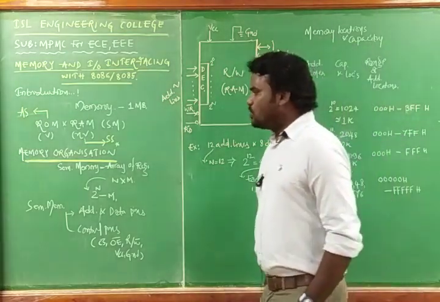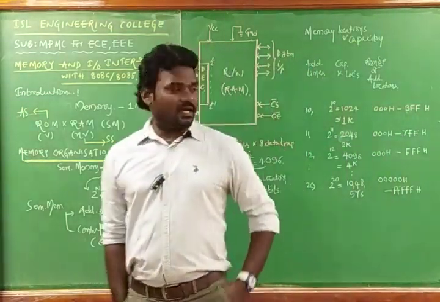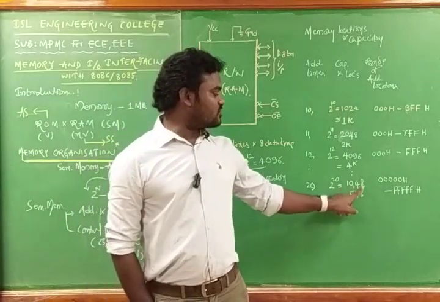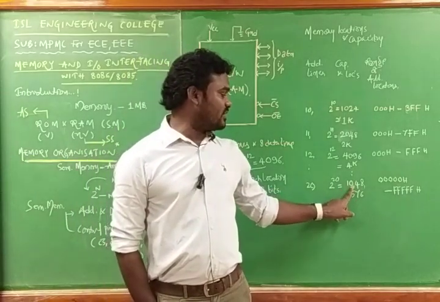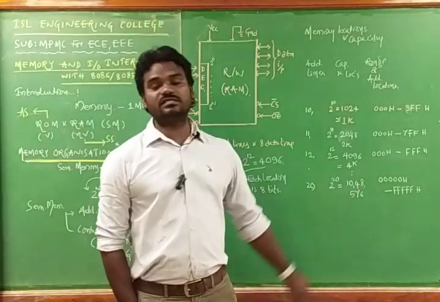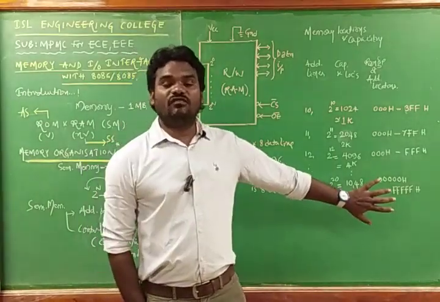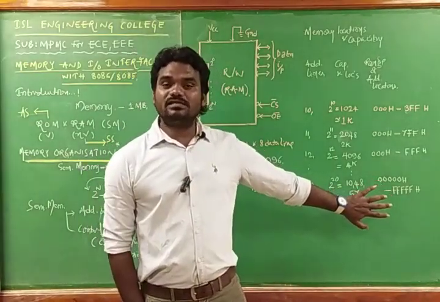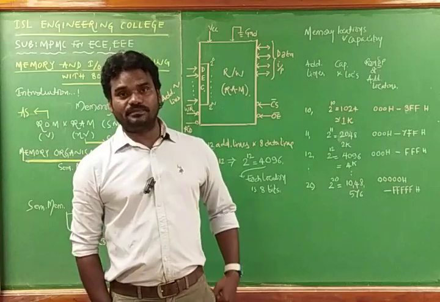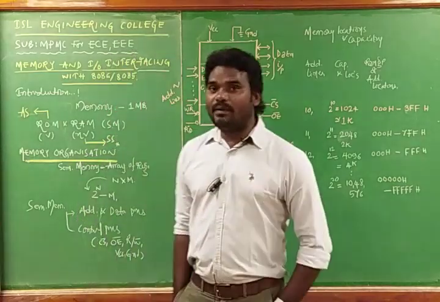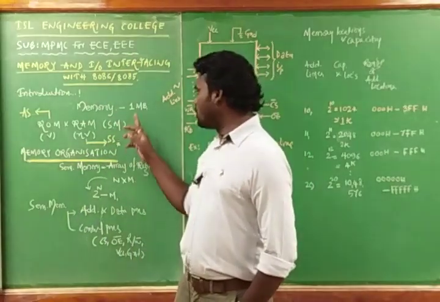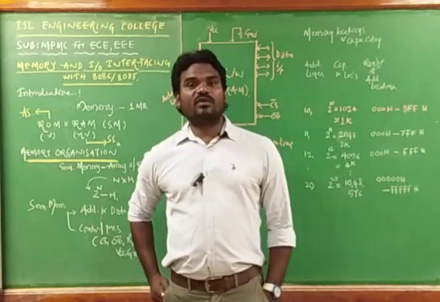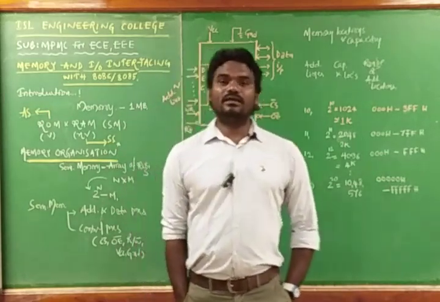So 2 power of 20 is 10,48,576. If you approximate this, that is about 1 megabyte of memory. 1 mega is about 10 power of 6. Byte is nothing but 8 bits.